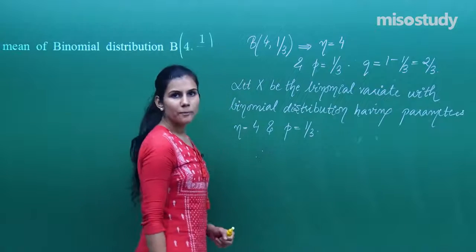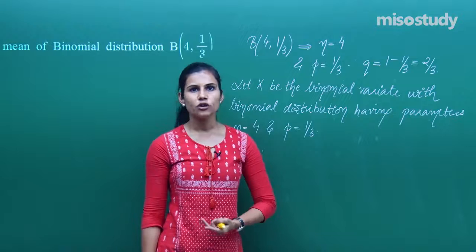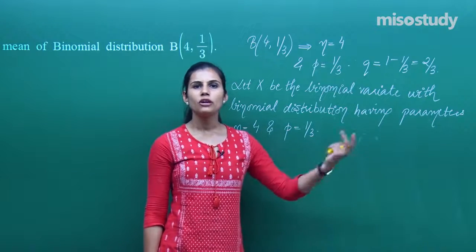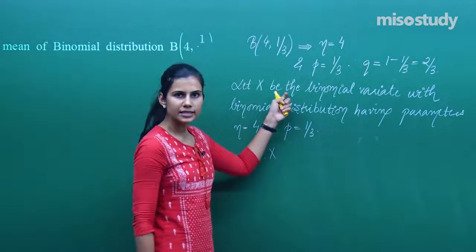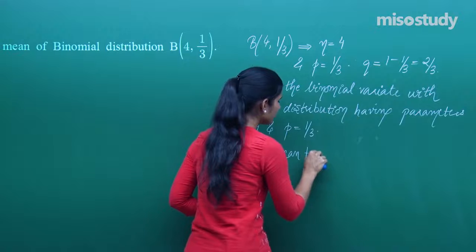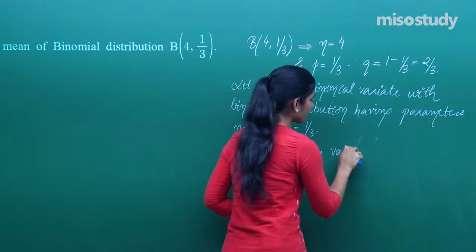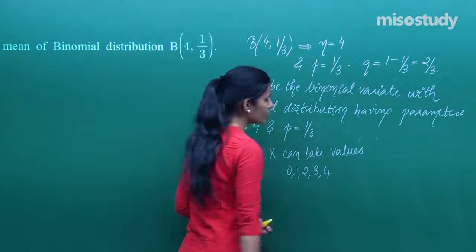If n is 4, number of trials are 4, so how many successes can you obtain? Either 0, 1, 2, 3 or max 4. So x can take values, X is actually representing the number of successes. So x can take values 0, 1, 2, 3 and 4.